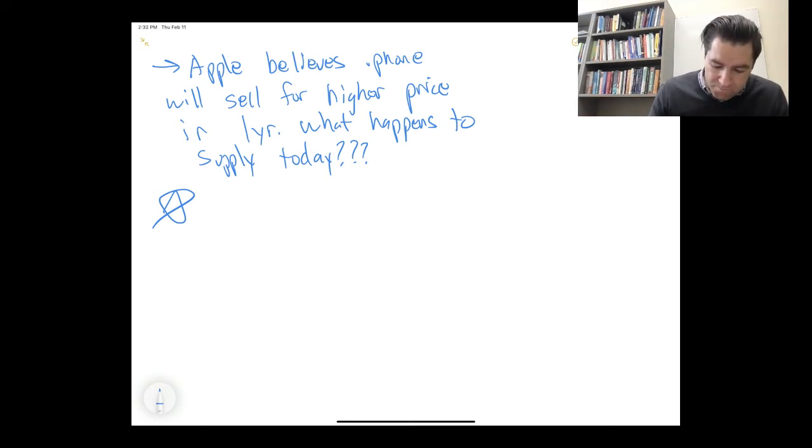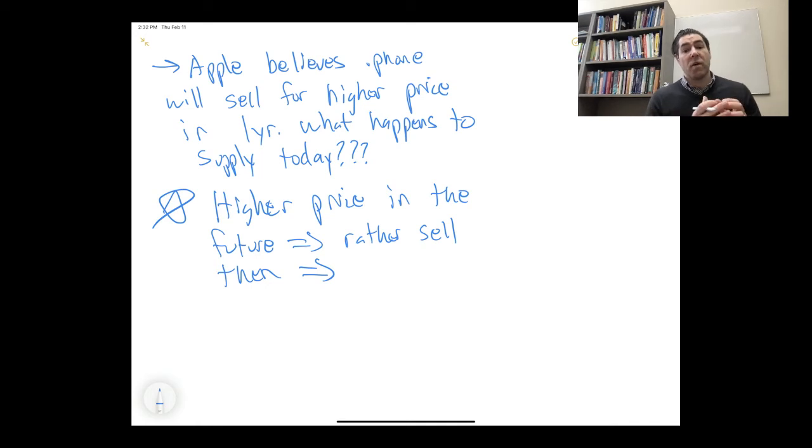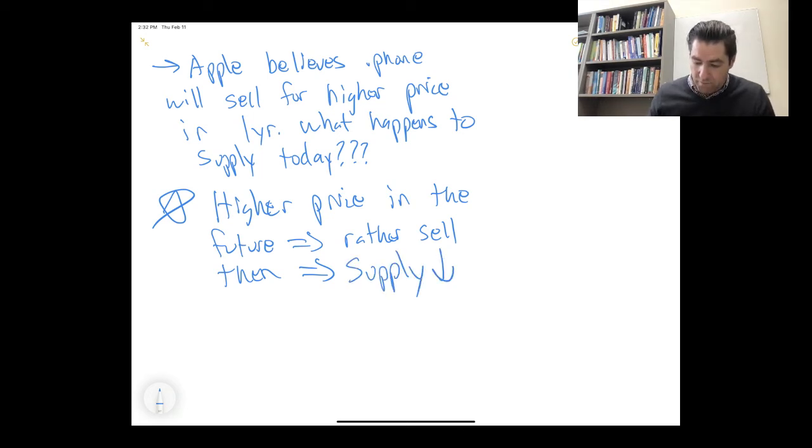So the higher price in the future means I would rather sell it then. So that's going to decrease supply today. I'm not willing to sell as many units today at the current price because I'd rather wait and sell it in the future at the higher price. So supply is going to decrease.